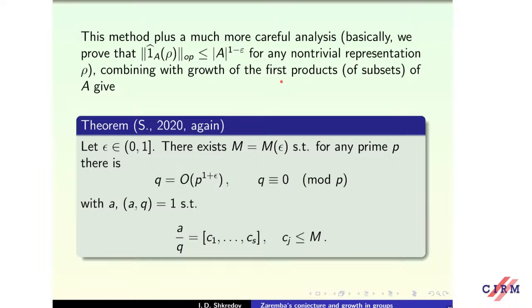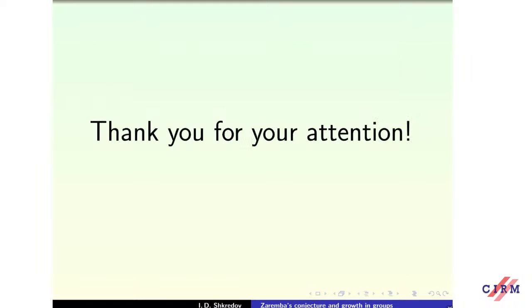Methods of additive combinatorics were used in this derivation. Plus, of course, Helfgott-type results on growth in SL2 and other combinatorics. So we have this result, and that's all. Thank you for your attention.